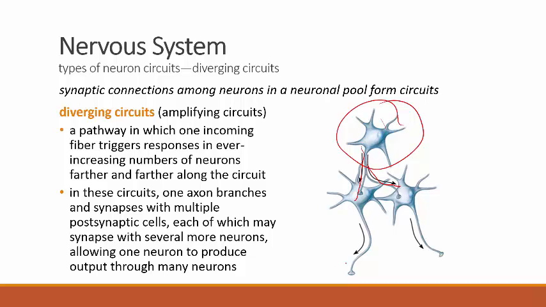These are diverging pathways. In these kinds of circuits, one neuron may produce output on dozens of neurons, so we get those effects seen in multiple places. All right, so there it is, convergent and divergent circuits.